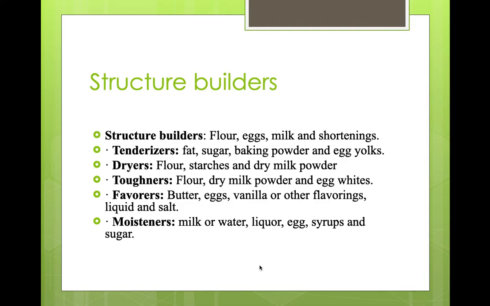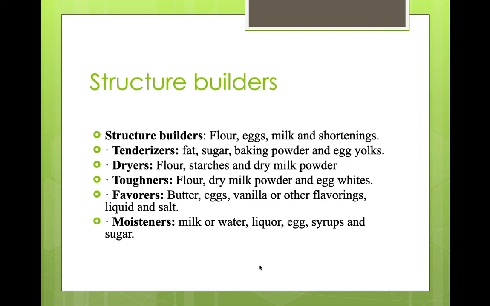These four ingredients are basically responsible for giving the structure to the cake. Eggs indirectly give the whole structure to the cake. Flour, when mixed with the eggs, forms gluten, which again gives structure.